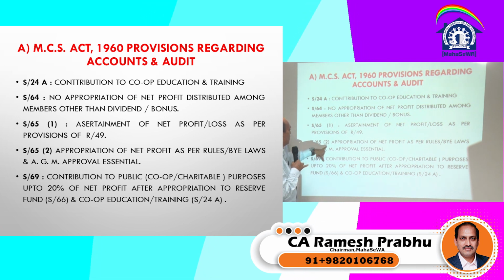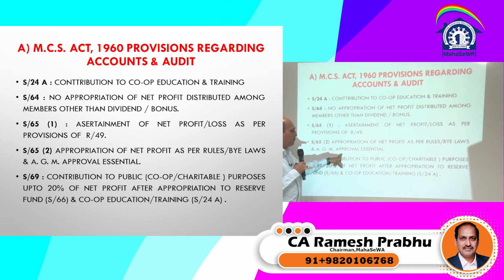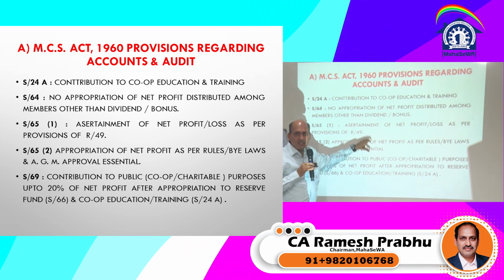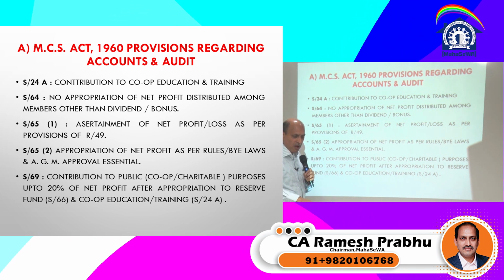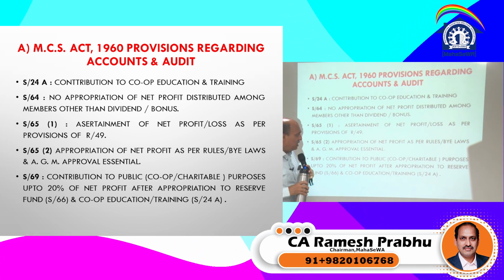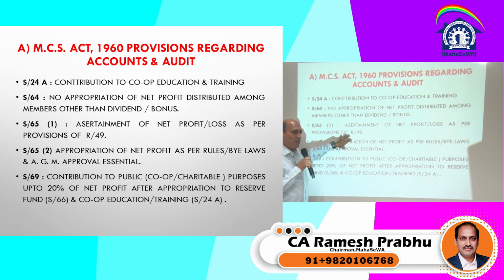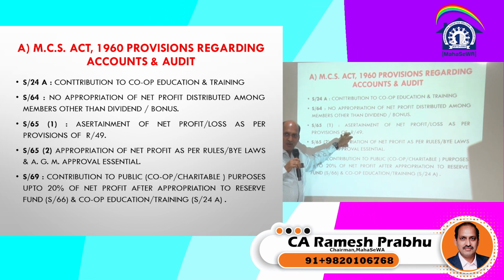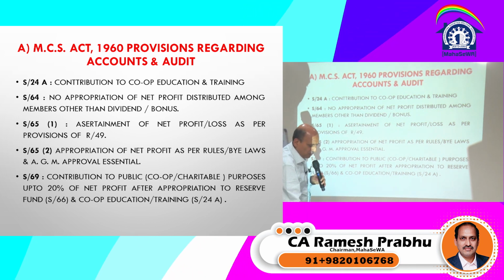So the appropriation of net profit is as per the rules and bylaws, and AGM approval is essential. Once you make a certain surplus, that surplus needs to be appropriated. For example, as you may be aware, we transfer 25% of the surplus to the reserve fund. That is under section 65(2).